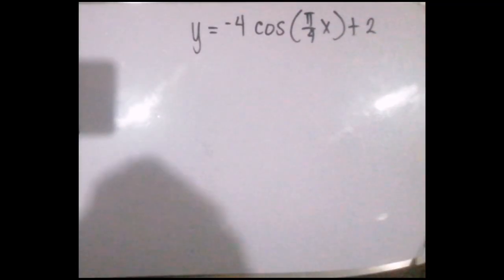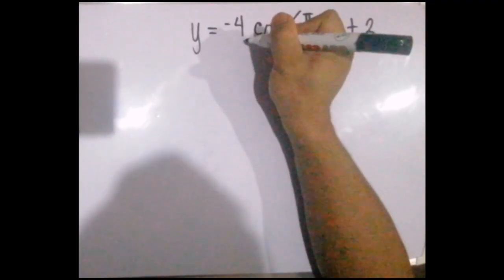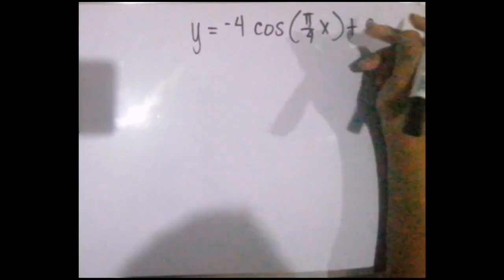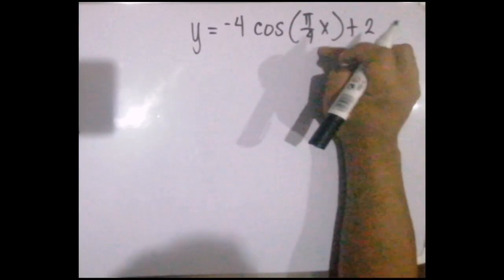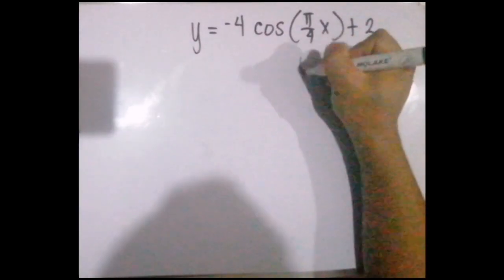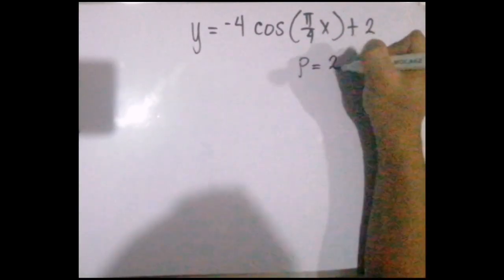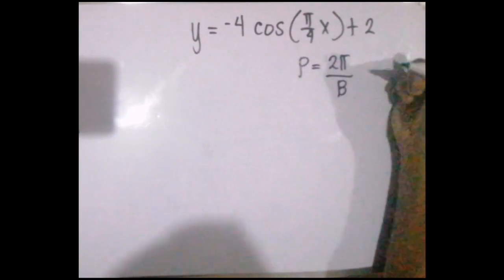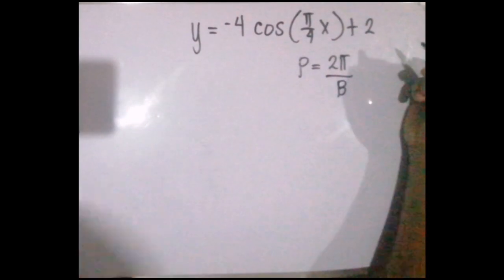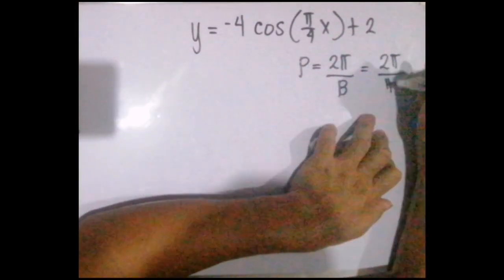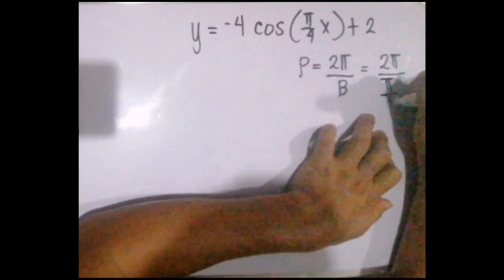The first thing that we need to do is identify its amplitude, which is negative 4. And to get the period, we use the formula p equals 2 pi over the period. So the period here is 2 pi over pi over 4.